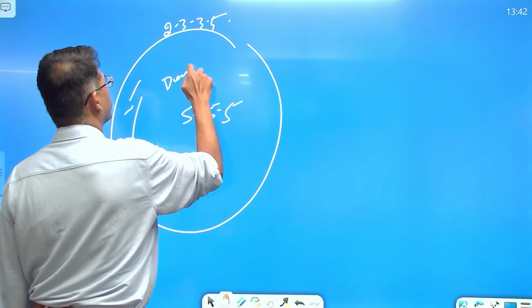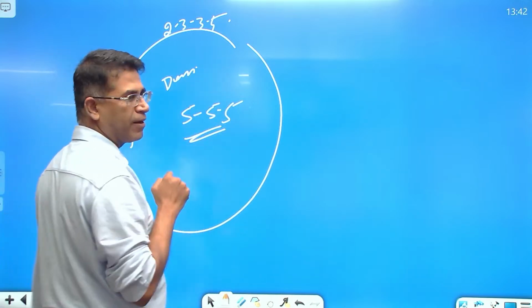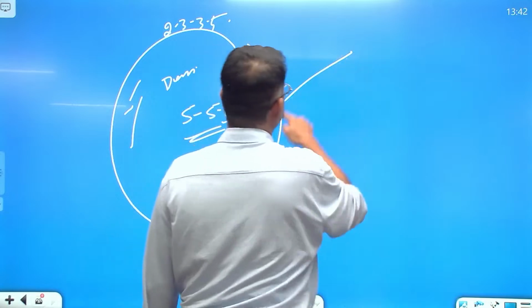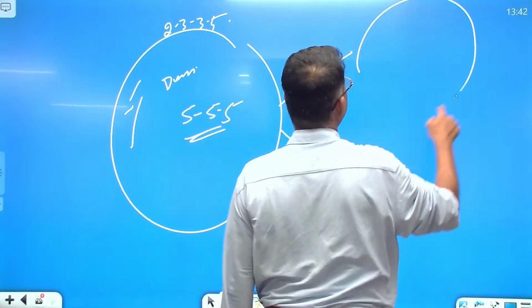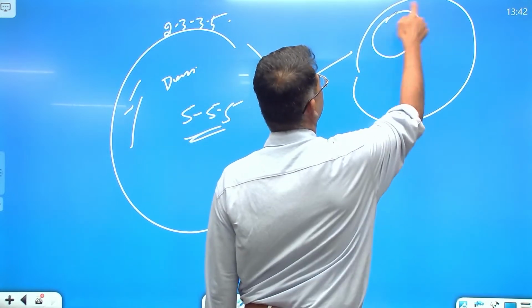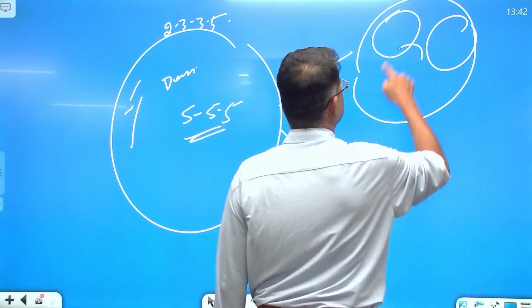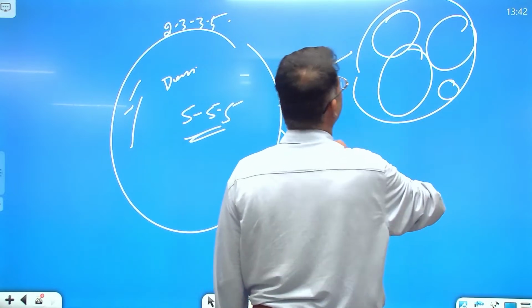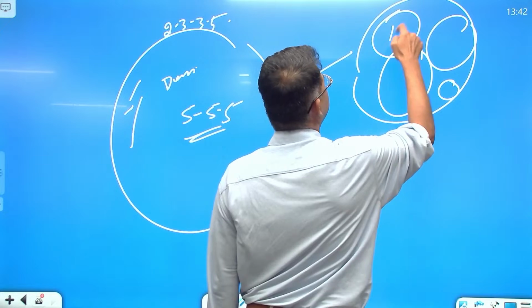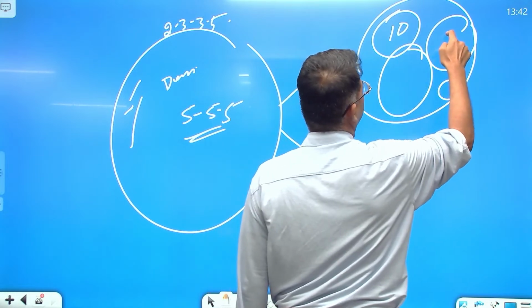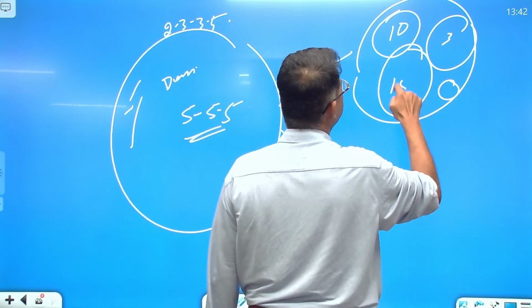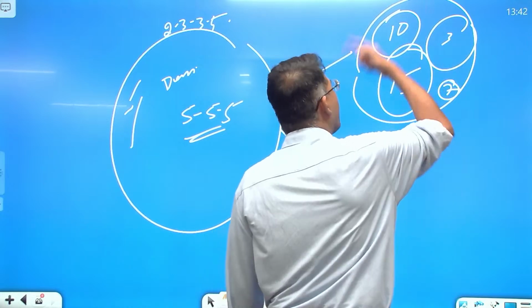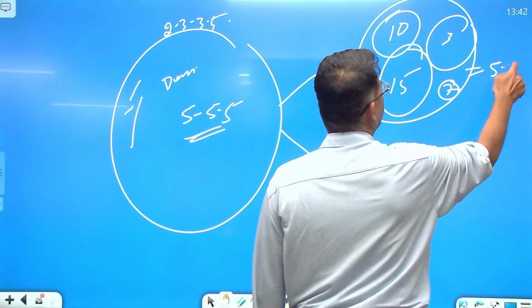Otherwise, how will the average be 5? Then there are only two possibilities here. Earth here, and I have some large rock, some small rock. Density may be 10, maybe 3, maybe 15, maybe 7, the average of which is 5.5.